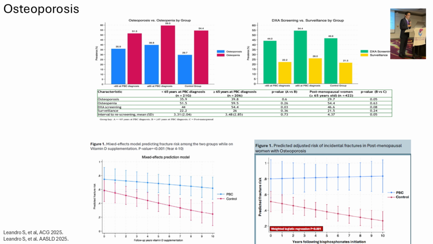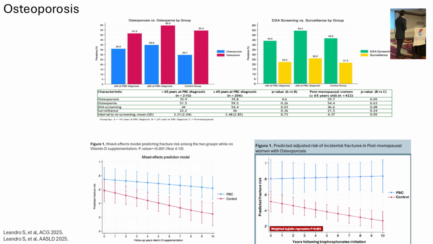How about osteoporosis? The study I'm reporting here is data collected and analyzed in our own group at Cleveland Clinic. As all of you know, osteoporosis is one of the very common extrahepatic manifestations of PBC, and we've been struggling with how to treat those patients in terms of their metabolic bone disease.